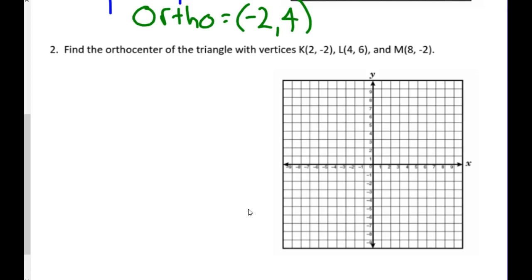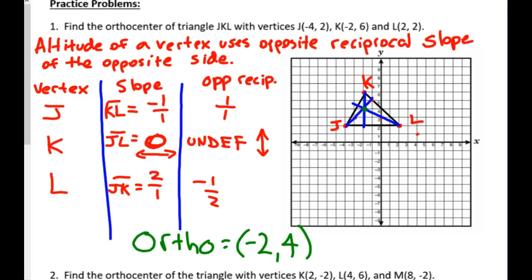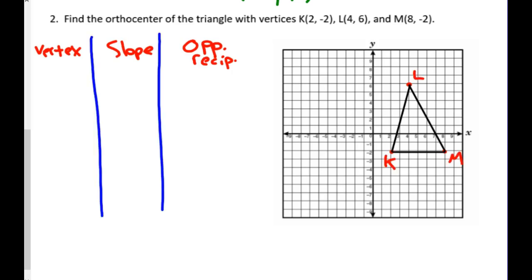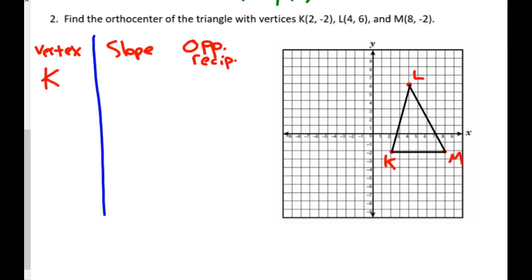So, number 2. Let's find the orthocenter of the triangle with these vertices. Go ahead and graph those 3 points. Oh, I don't want you to miss out on all the fun. You were yelling. I didn't hear any yelling. So go ahead and make these 3 columns, plot your 3 points, and make your columns like this.